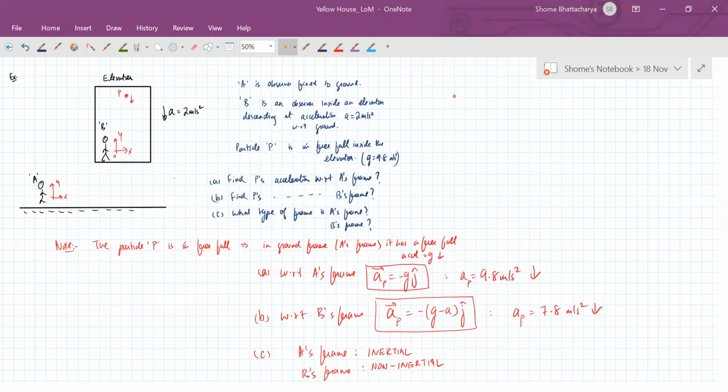But observer B's own coordinate frame is going down at 2 meters per second square. So he will not measure the falling ball to be coming down at 9.8. He will measure it to be coming down at 7.8 because he himself is going down at 2.